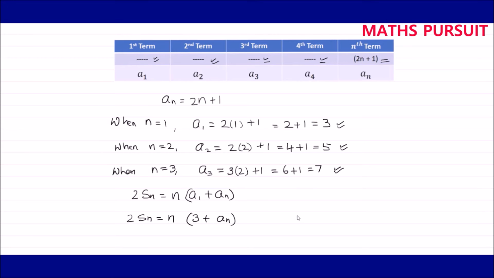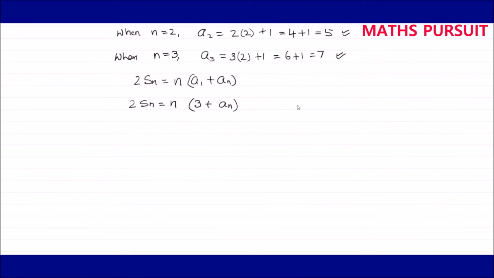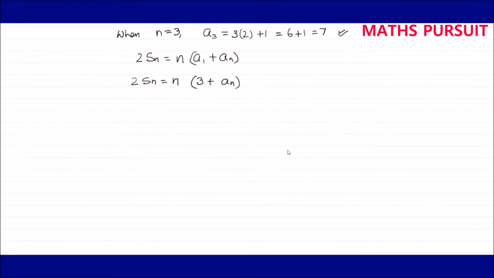In the next step, I'm going to replace the value of an with what is being given in the question. So I can write 2Sn is equal to n into 3 plus, and the value of an that is being given in the question is 2n plus 1. So just replacing the an with 2n plus 1.